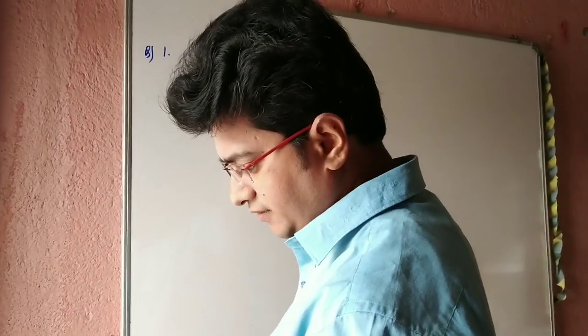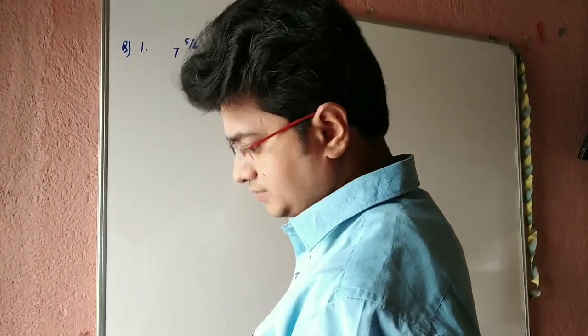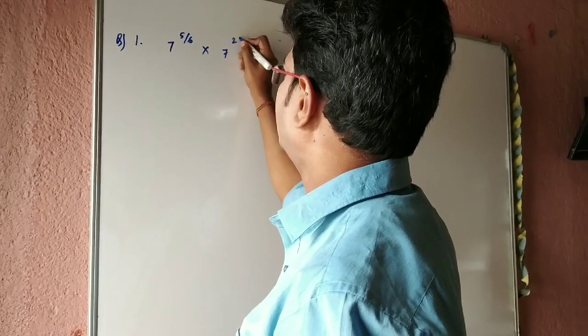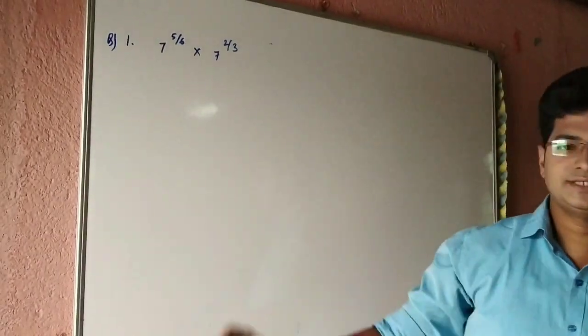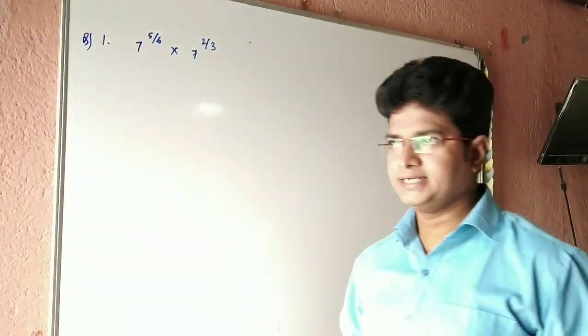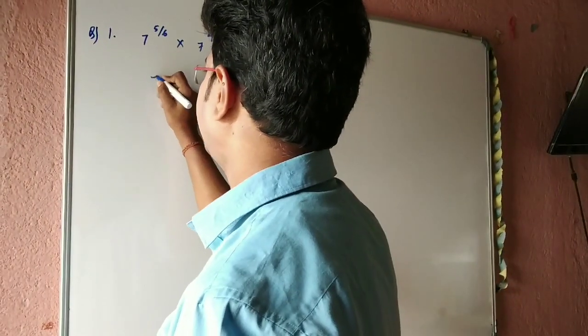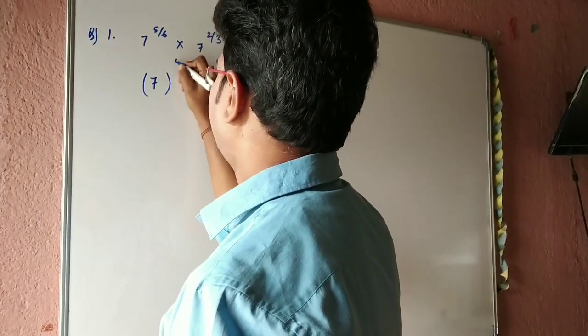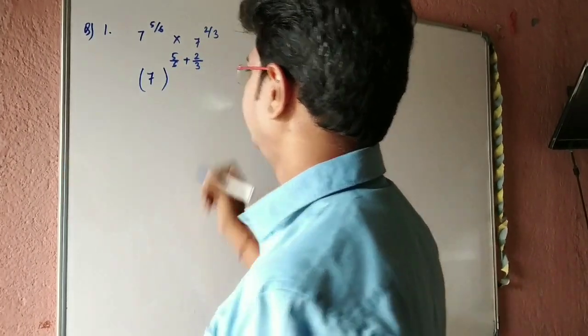7 to the power 5 by 6 into 7 to the power 2 by 3. Here you will see the base is the same and it is in multiplication. So as I have told you, if it is in multiplication, we add up the power. So it is 7 to the power 5 by 6 plus 2 by 3.